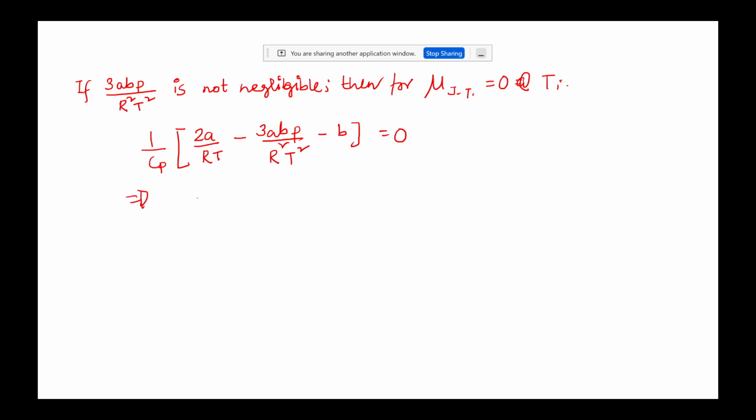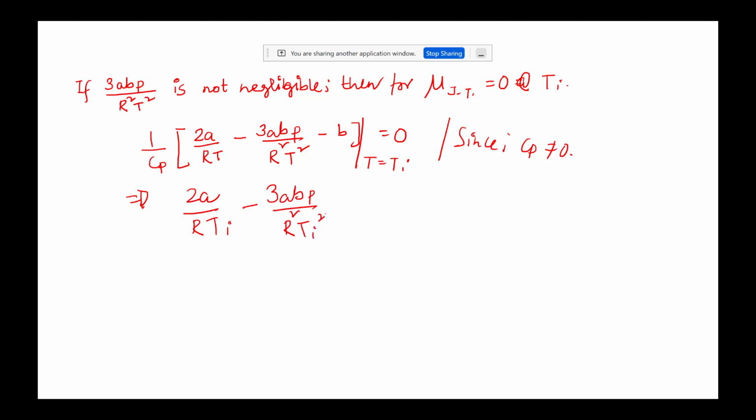At T equal to Ti, since Cp cannot be 0, we get 2a by R Ti minus 3abp by r square Ti square minus b equal to 0.